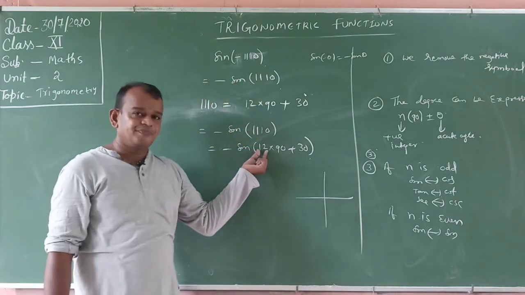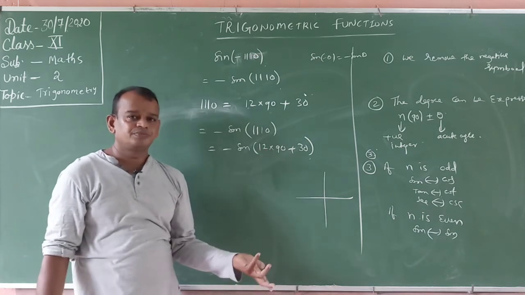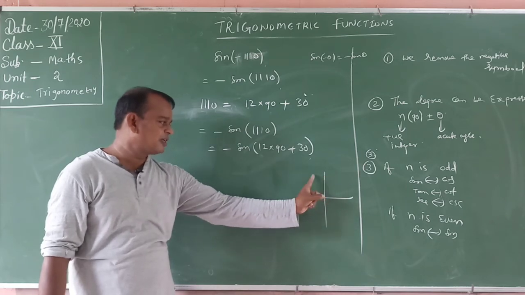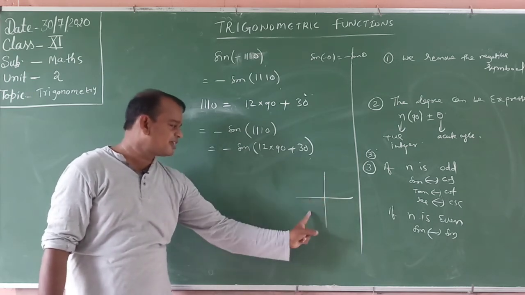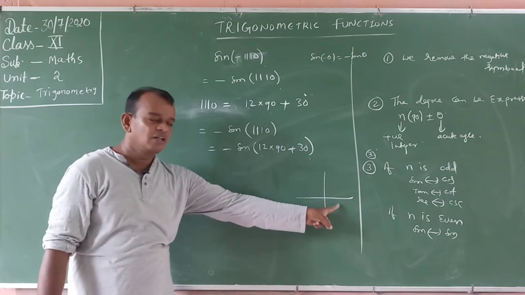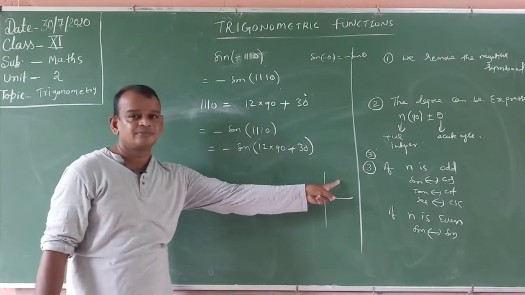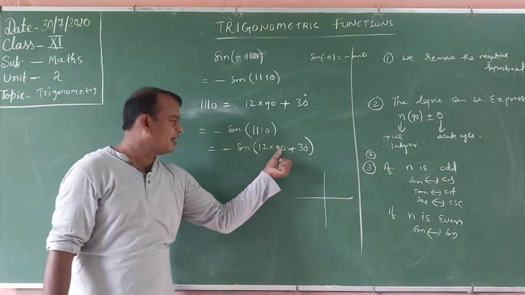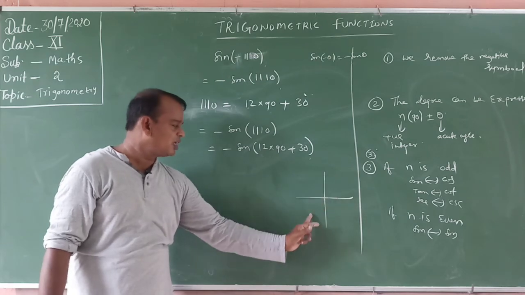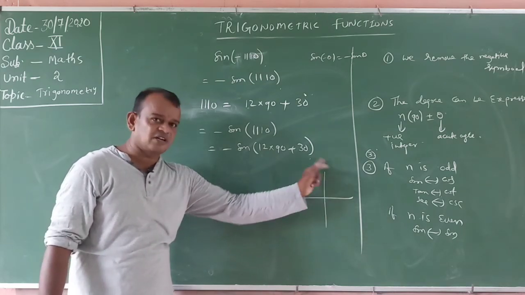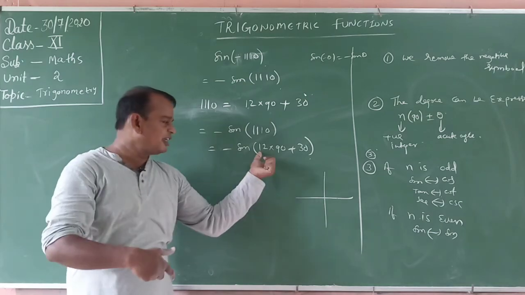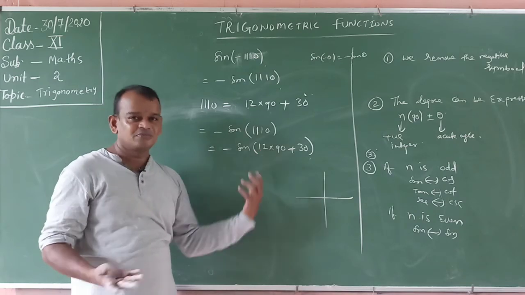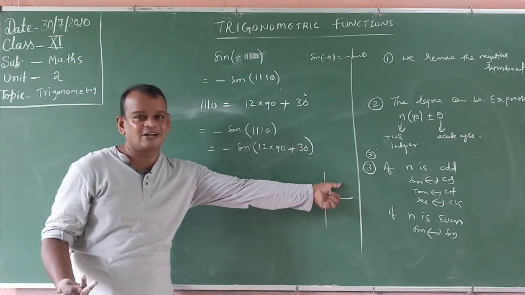Here n is even, means the remainder is 0. Count 90 as first: 1, 2, 3, 4 nineties make 360 degrees, one rotation completed. Again a fresh start, remainder is 0, plus 30 means again the first coordinate.